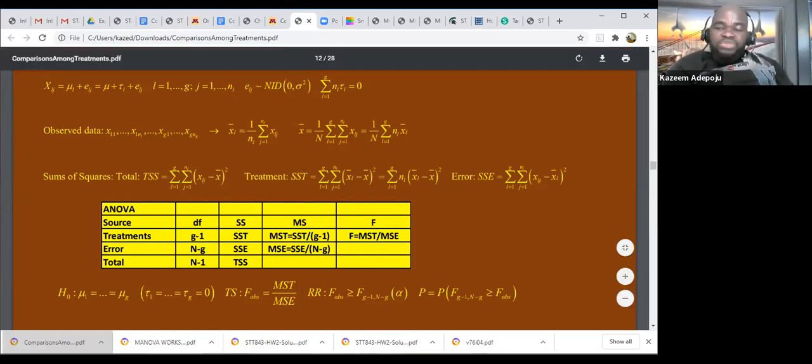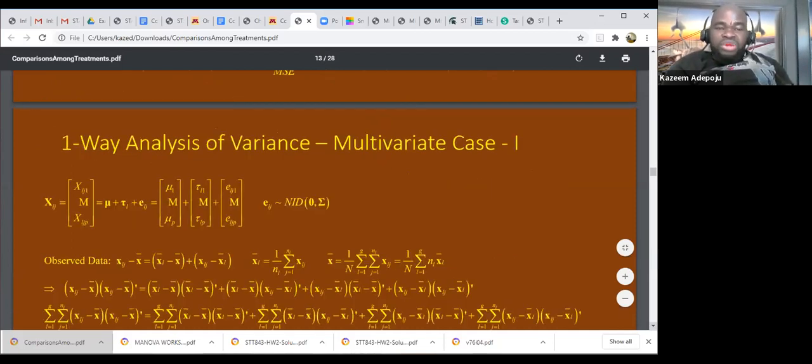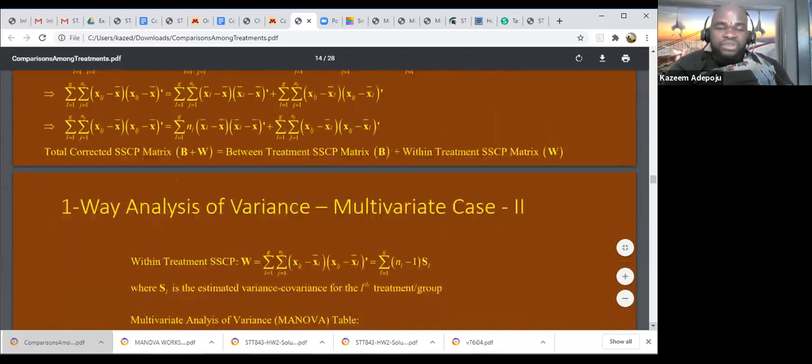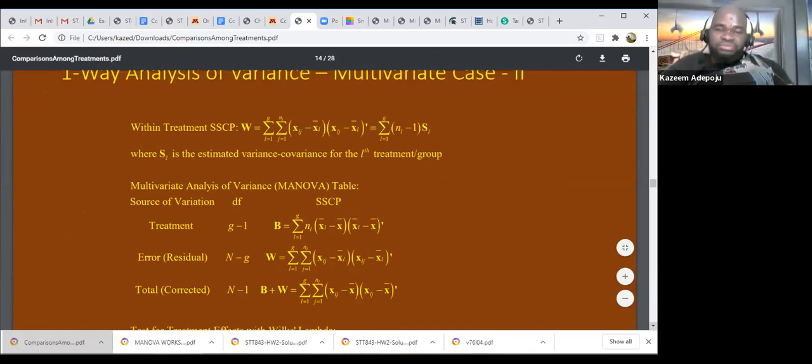If I want to consider a multivariate version, of course, I'm going to take you to the table. This is the multivariate version. Instead of ANOVA, we're going to have MANOVA. We have the source of variation: treatment, error, total.